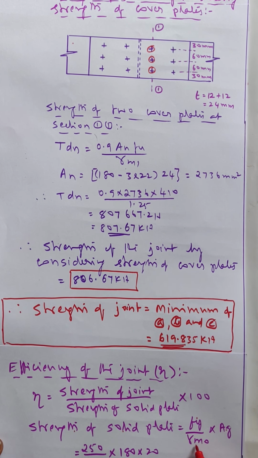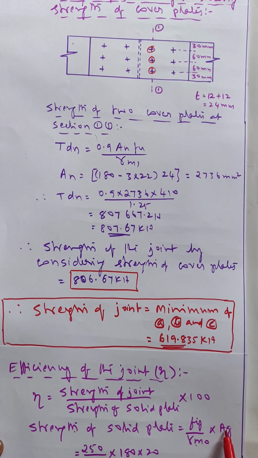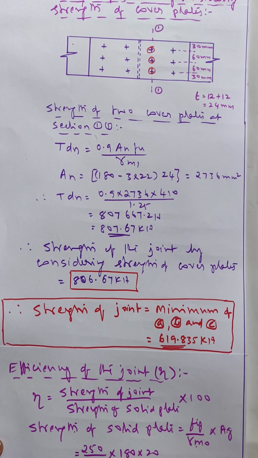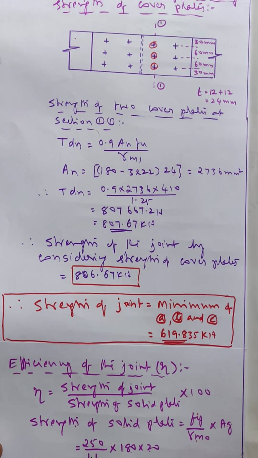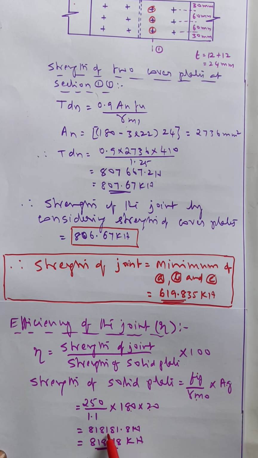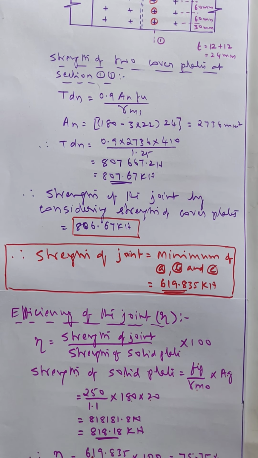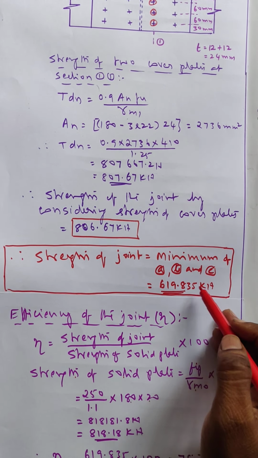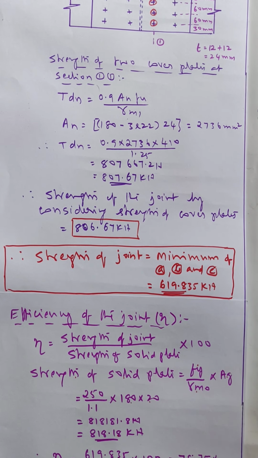Gamma m0 is 1.1 for yield stress. Area Ag is gross area of the main plate. It is 180 into 20. We got the strength of the solid plate as 818181.8 Newton or 818.18 kilonewton. So efficiency equals strength of the joint 619.835 divided by the strength of solid plate into 100. It comes 75.75%.